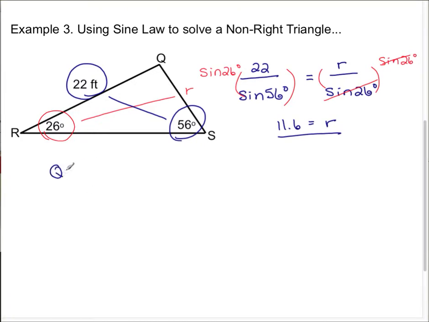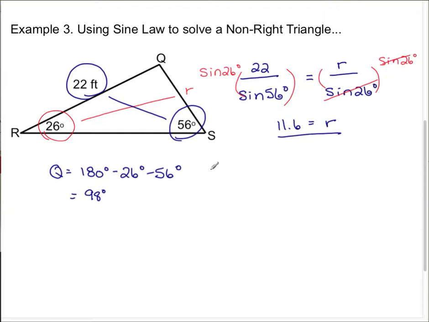So angle Q, we can use the angle sum of a triangle theorem to go 180 degrees minus 26 minus 56. So I'll just do that quick. That's 98 degrees. Wasn't that quick? I bet you didn't even see me writing it, huh?